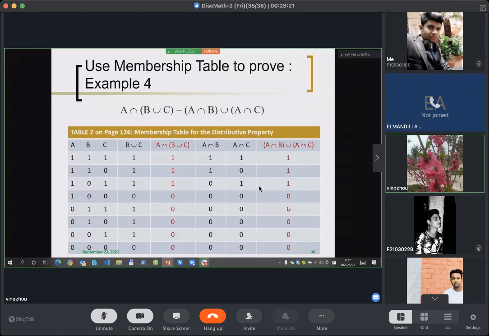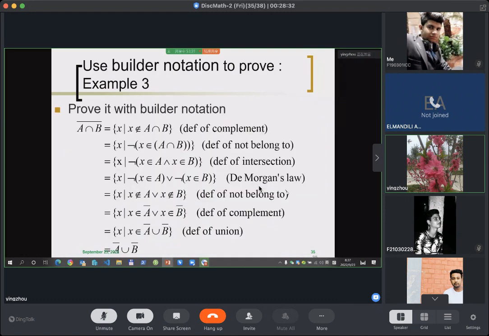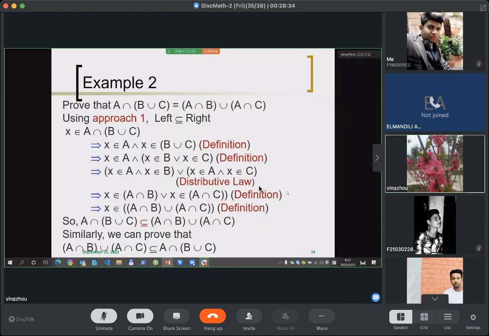Okay, and here is the membership to prove this. It means for the membership we can just call it. So this is similar to the De Morgan's law from the video, and the video shows you the example of De Morgan's law. This is the set identity, and here just shows you another way.